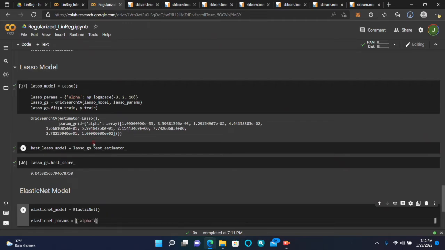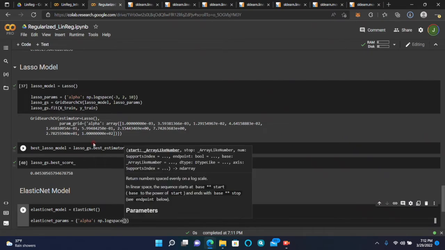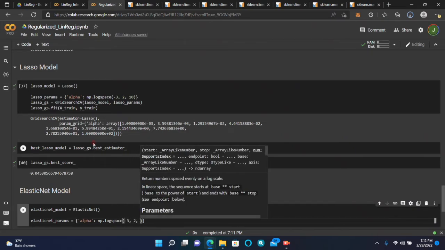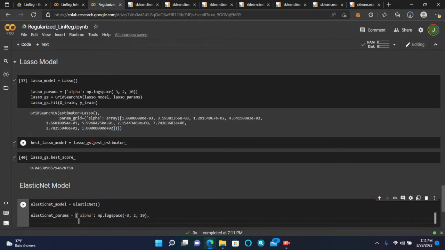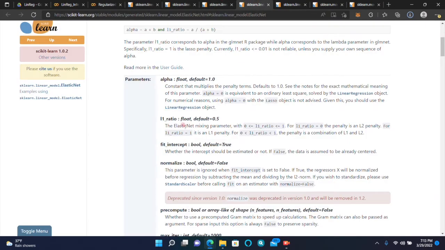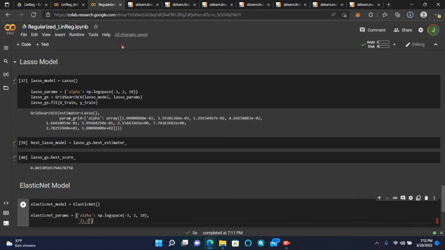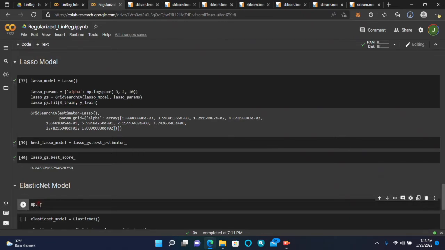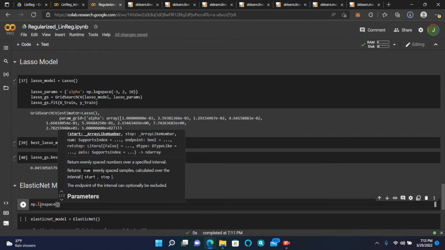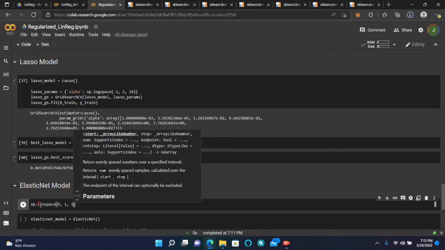So since this one has two hyperparameters that we're interested in, I'm still going to do 10 probably for that. And let's see, what was the other one called? It was called L1 ratio. For this one, I'm going to use a linspace, a linear space, from 0 to 1, and I want 10 of them.